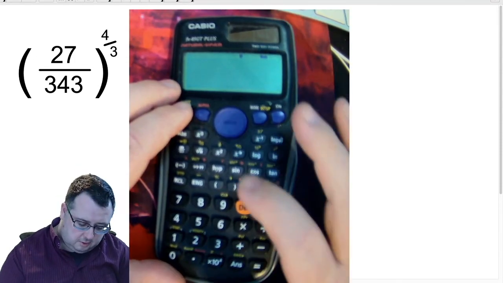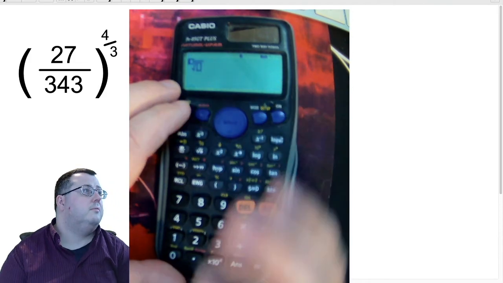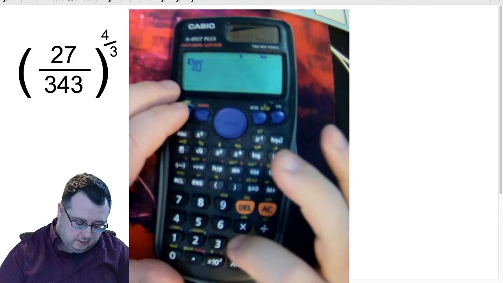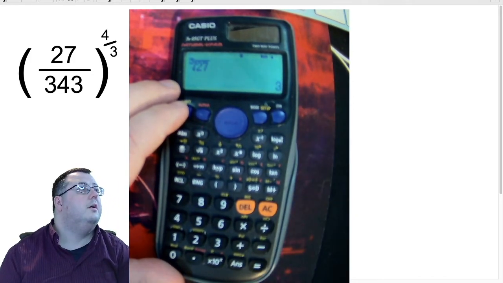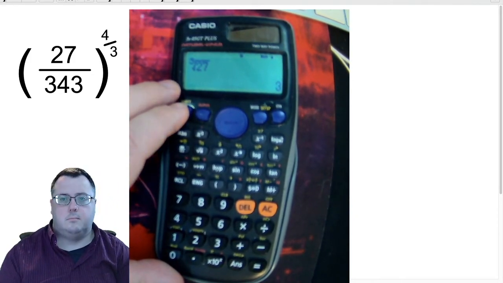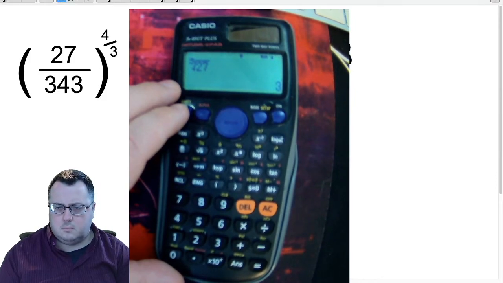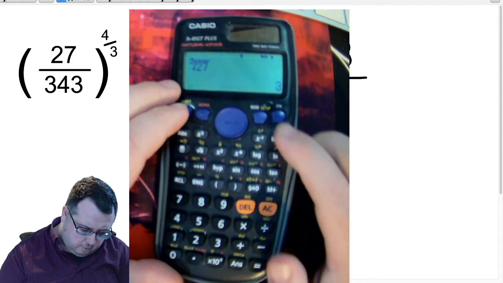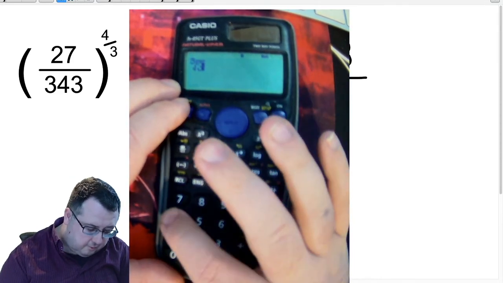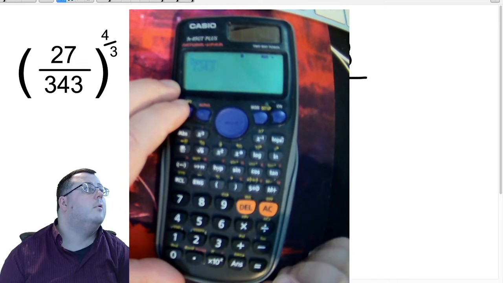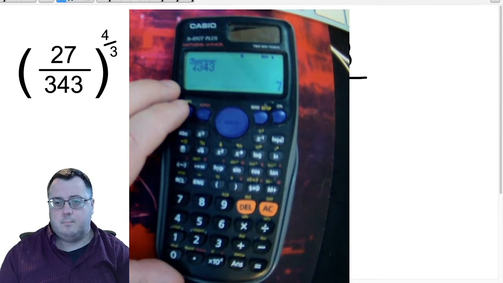Here we go. So I want shift root, and we want the cube root of 27, which gives me 3. And then we want the cube root of 343, which is 7.